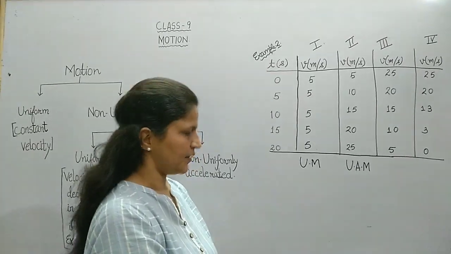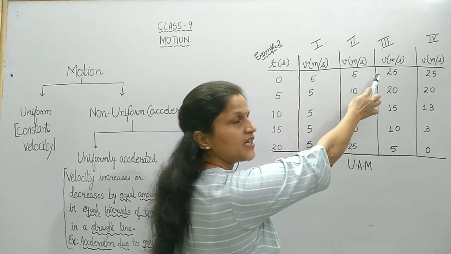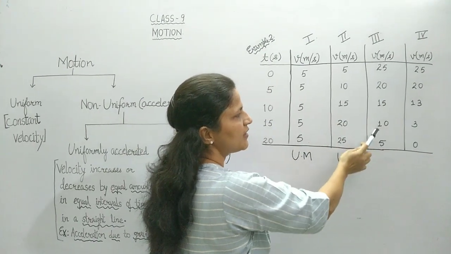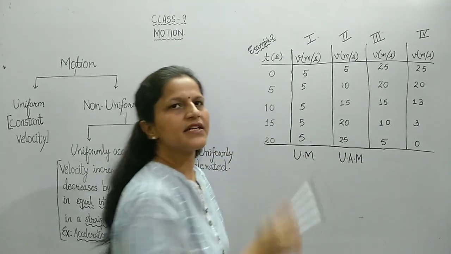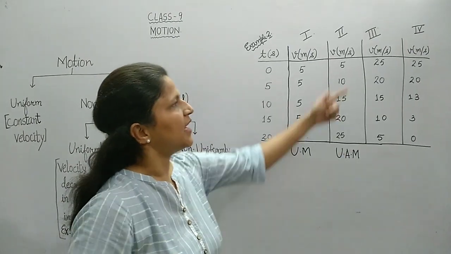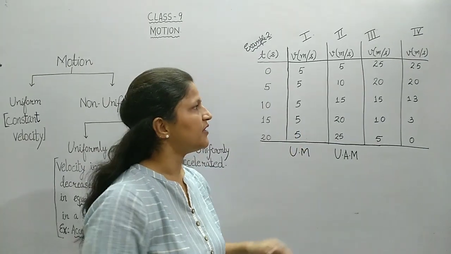In the next example, we see that the velocity was initially 25, which changed to 20, 15, 10 and 5 in successive intervals of 5 seconds. It means that the decrease in velocity is also constant in equal intervals of time.